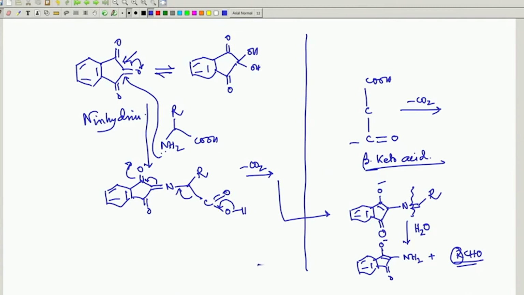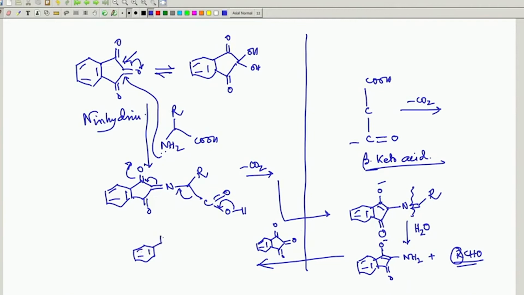Now, what will happen? This amine that is generated is now a new nucleophile, so it reacts with another molecule of ninhydrin. Again this amine is going to attack this carbon, followed by expulsion of water.